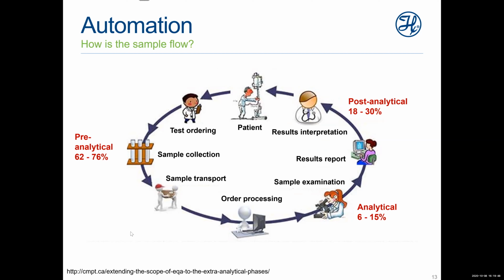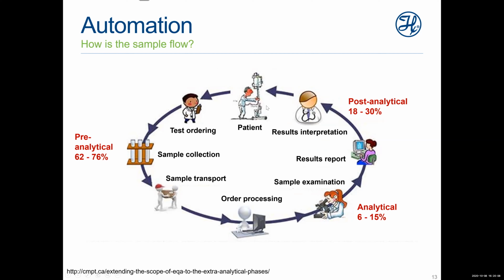The clinician asks for the test with the test ordering, we have a sample collection, the sample transport, a processing of the order, the examination of the sample, report of the results, interpretation, and back the results to the patient.